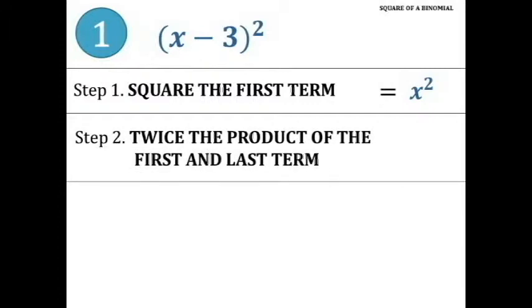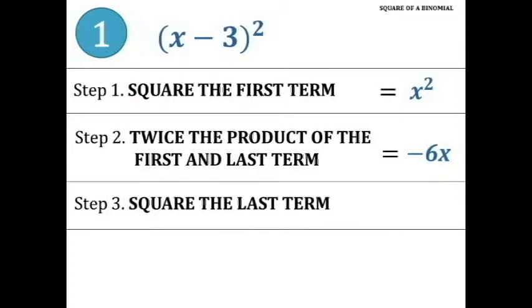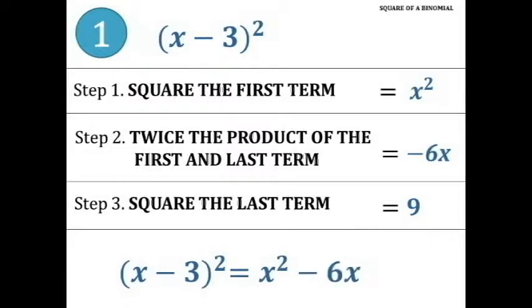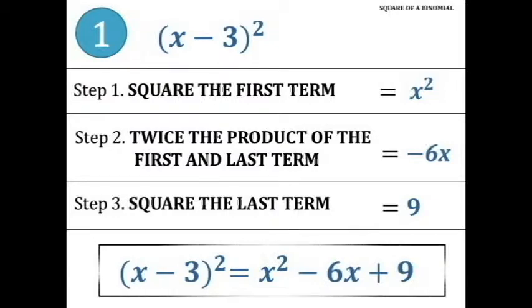Our first term is x and our last term is negative 3, so we get negative 6x. The third step is to square the last term. Since the last term is negative 3, we get 9. So finally, x minus 3 quantity squared is equal to x squared minus 6x plus 9.